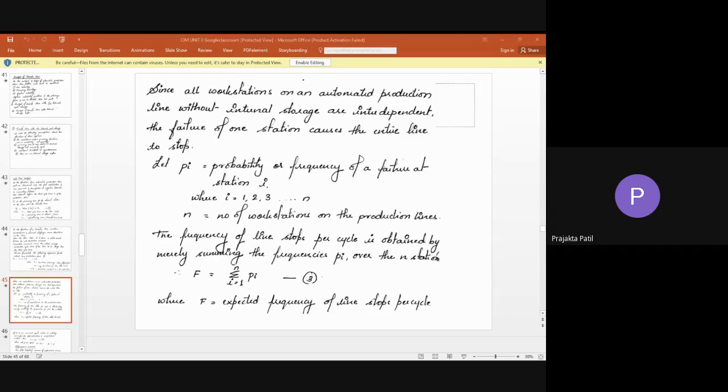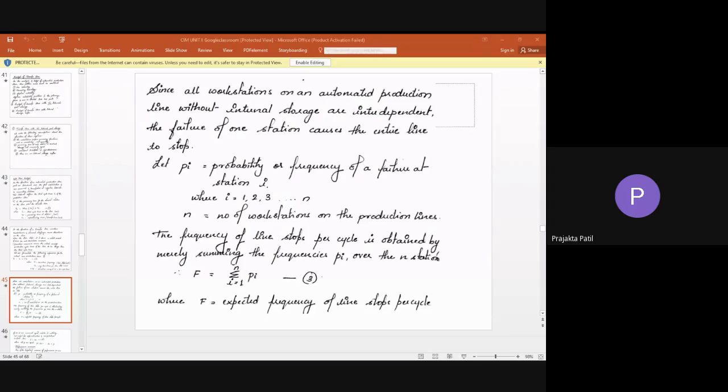Whenever a workstation breaks down, there are two possibilities for analysis: whether the work part is removed from the transfer line or it remains on that transfer line. I'll repeat again.